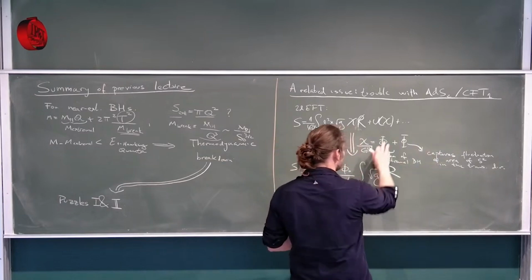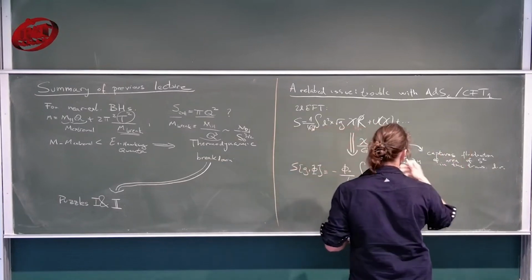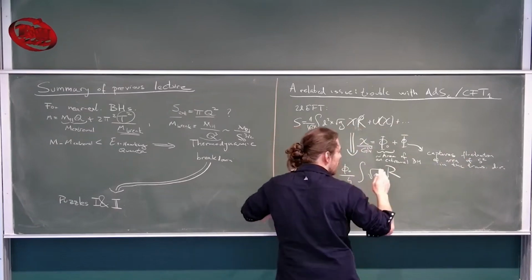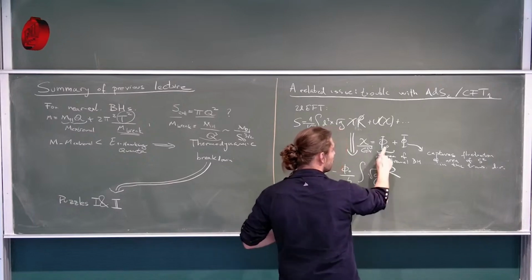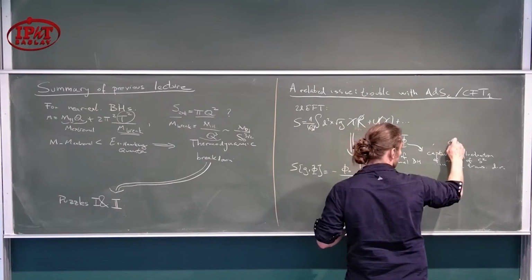So this effective theory that we get by doing a first order expansion around phi 0, the area of the extremal black hole, only varies very slowly in the radial direction around extremality. So we can expand this action for large phi naught, or phi naught much bigger than phi.